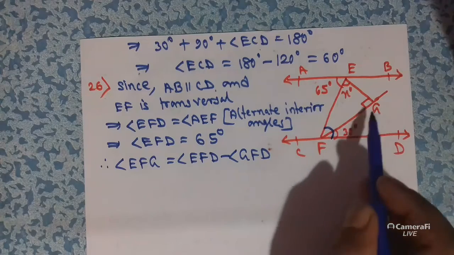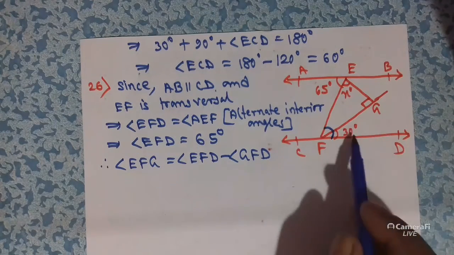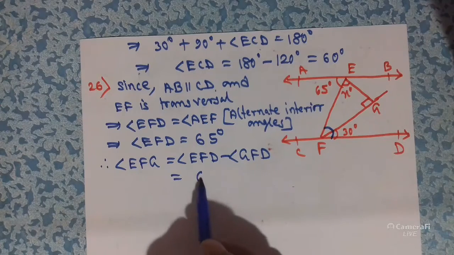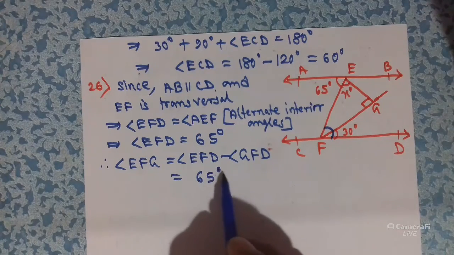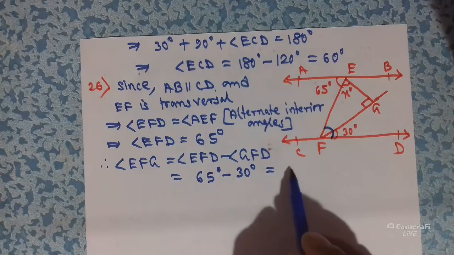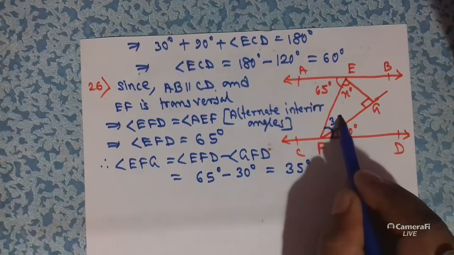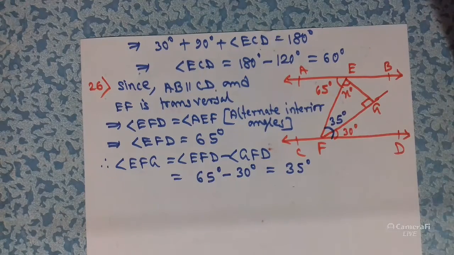So is equals to 65 minus 30 degree is equals to 35 degree. So this is 35 degree.